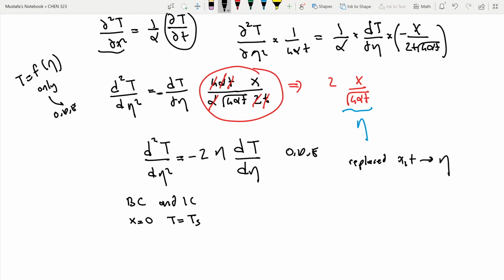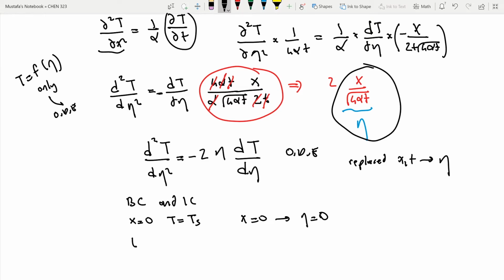How do I express x equal to 0 in terms of the new variable eta? If you take a look at the definition of the similarity variable, x equal to 0 means eta is equal to 0, because it is x divided by the square root of 4 alpha t.